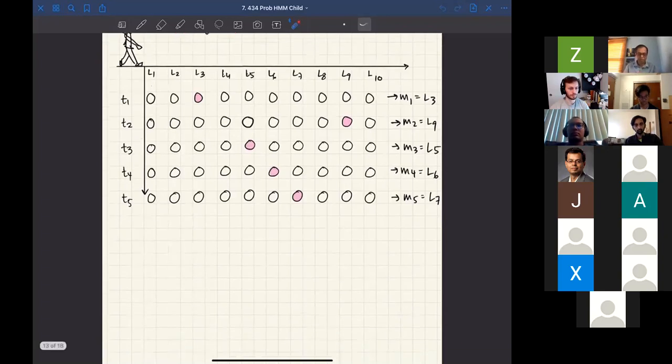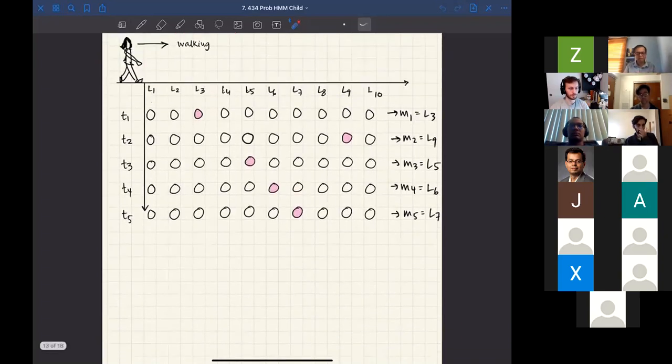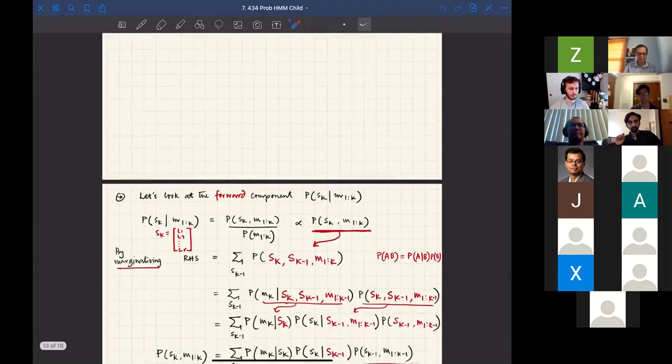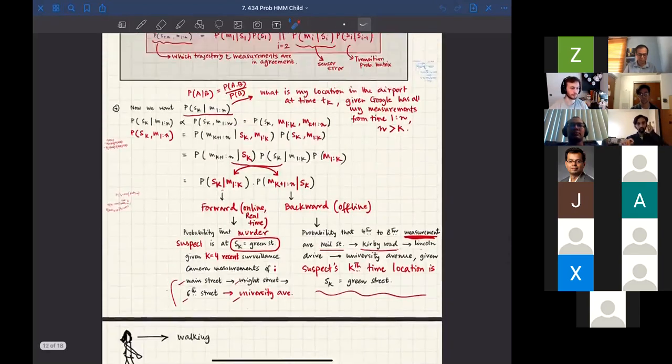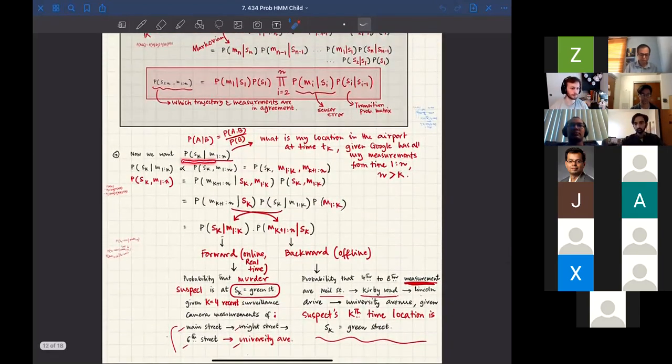So that intuition we formalized, and we saw that there are two components when we try to compute the probability of the state given the measurements M1 through N. That breaks up into a forward component, which is the online or real-time one, and the backward component, which is the offline one.